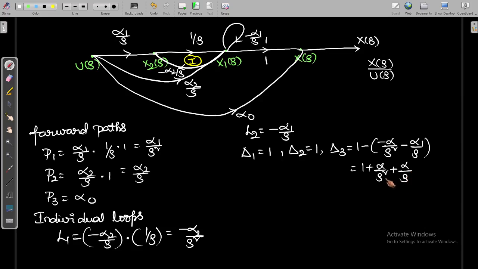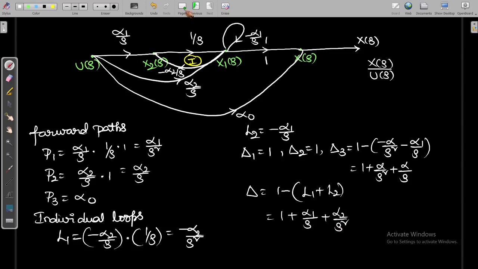Now we can write the delta. What is the delta here? Delta is equal to 1 minus the individual loops, L1 plus L2, which is 1 plus alpha 1 by s plus alpha 2 by s square. So delta 3 will become this value.